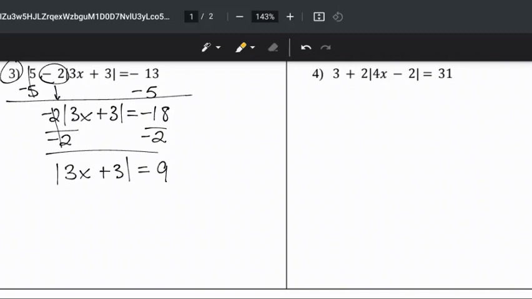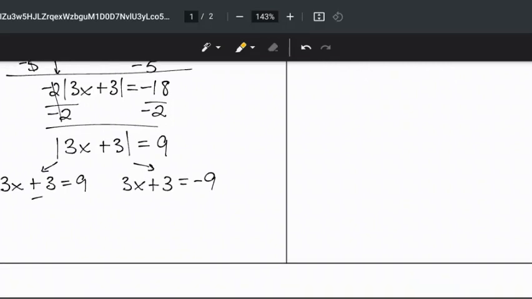So this is something we can continue to solve just like yesterday. 3x plus 3 equals 9. We drop the absolute value bars and set equal to positive 9, and then we drop the absolute value bars and set equal to negative 9.